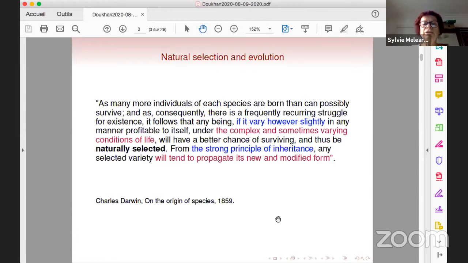So I just like these lines because they are due to Darwin, and essentially our probabilistic model was based on these sentences, which are, I think, in the introduction of his famous book on evolution theory. And that's what he said.